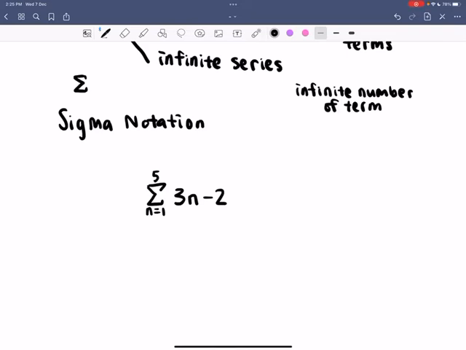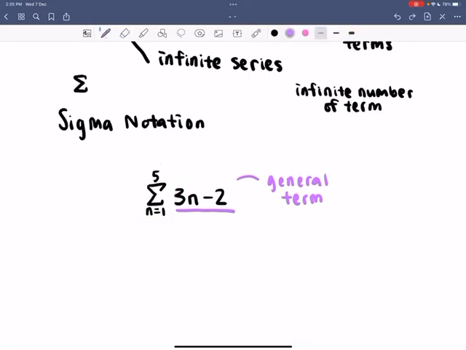I can use purple to indicate this. There's about 4 different components. So we have this section, which is called the general term, which is just like the rule we talked about in the recursive sequences. But what's more important is this section.